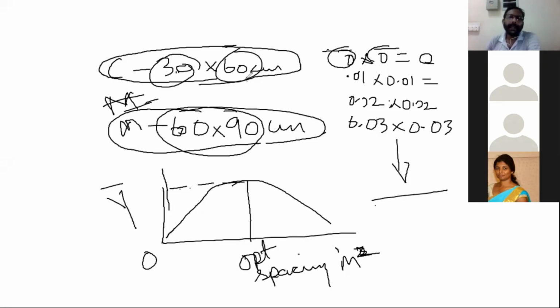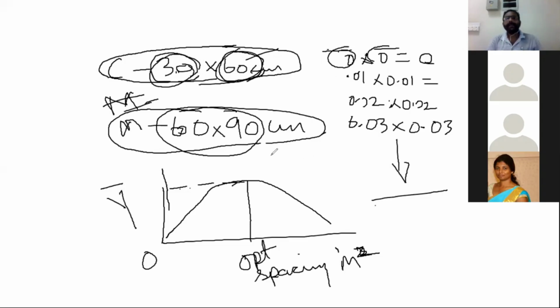Usually the first one is intra. Usually the higher one will come as inter. Higher one comes as inter, right? The low one comes as a within row spacing or intra spacing, right?